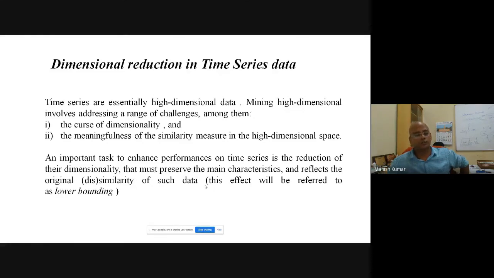That means you can transform the higher dimension to lower dimension and use appropriate methods, but be careful regarding this also. So the important task to enhance performance on time series is the reduction of dimensionality that must preserve the main characteristics and reflect the originality. It may be the similarity or dissimilarity of such data. This is sometimes referred to as lower bounding.